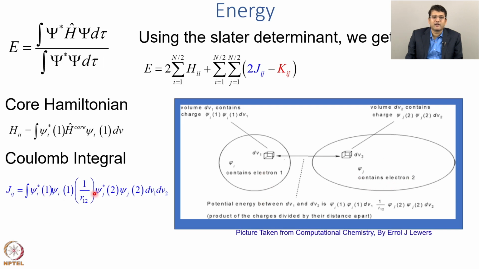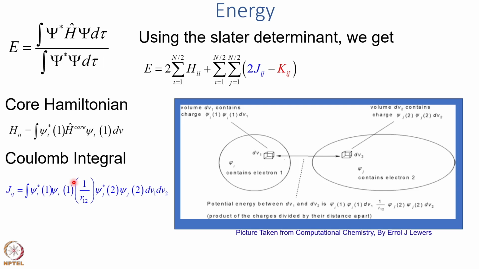This, psi j star 2 psi j dV 2, is the density of electron 2. So, there are small volume elements dV1 and dV2, they both correspond to electron density and they are interacting through the R12 term. So, this is the potential energy term and this looks like a classical Coulomb interaction. That is why this is called a Coulomb integral.